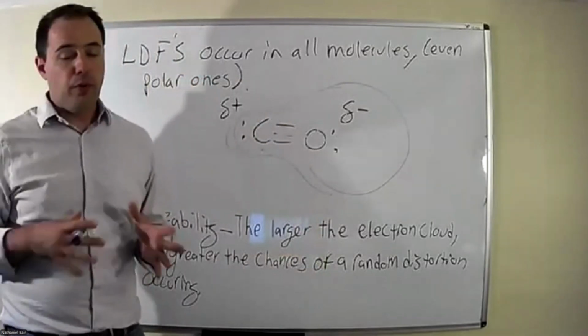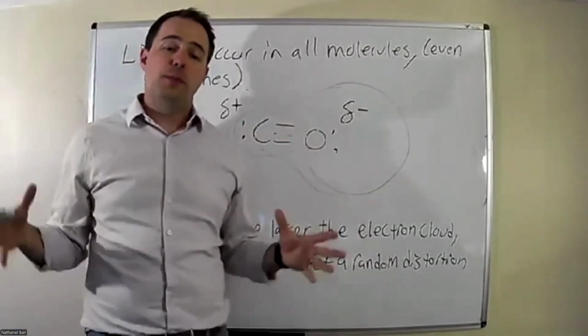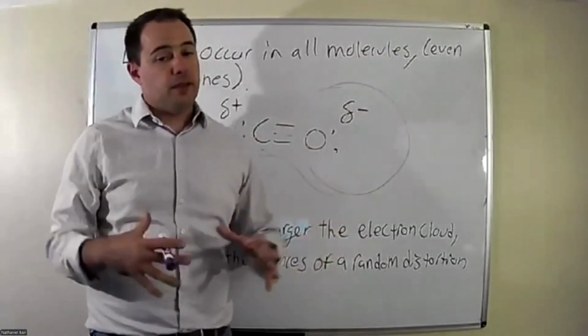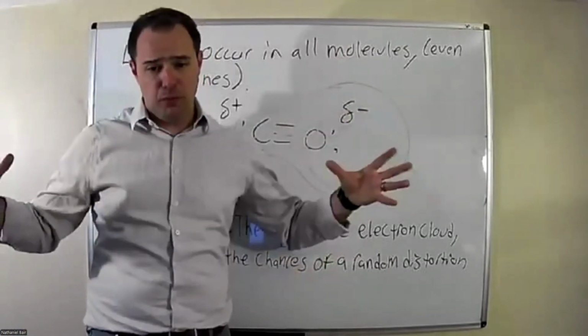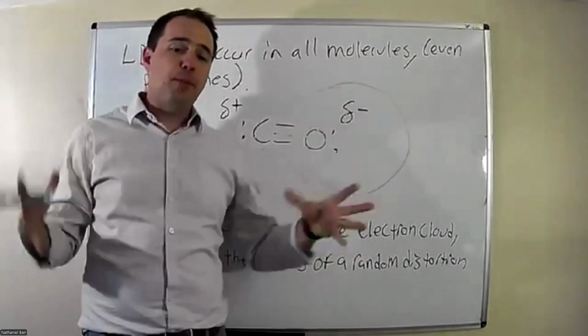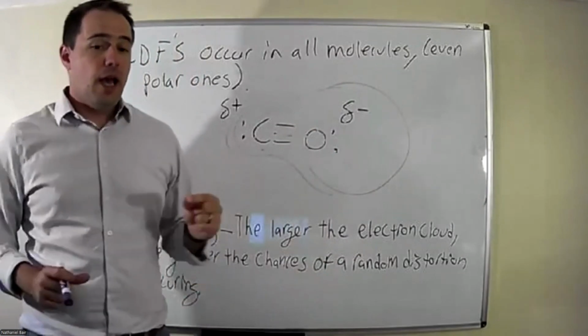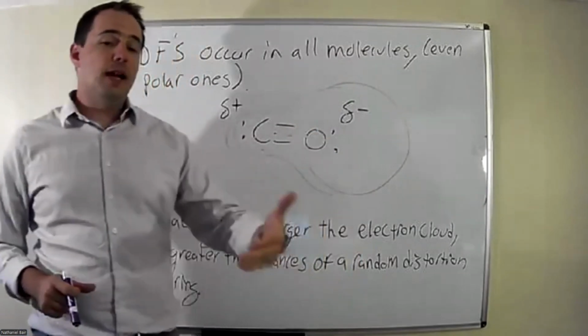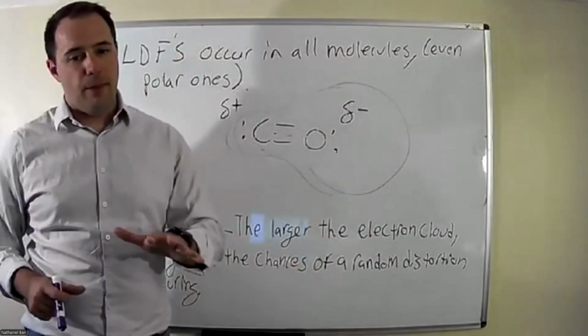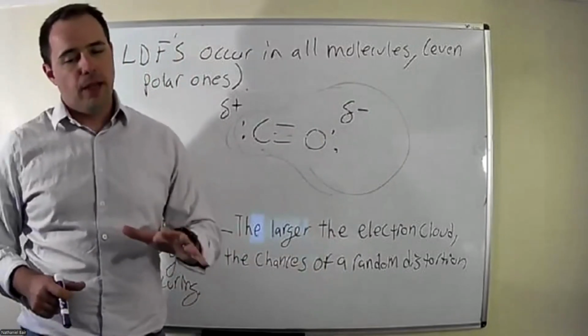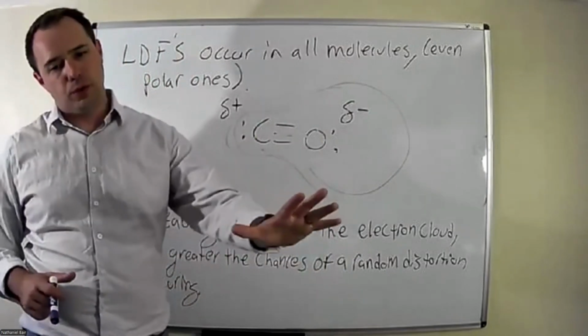So if you have a big polar molecule with a really large molecular weight, there's a chance that the LDFs could actually have more of an effect than the dipole-dipoles. But that is some super heavy stuff, a little beyond 102.